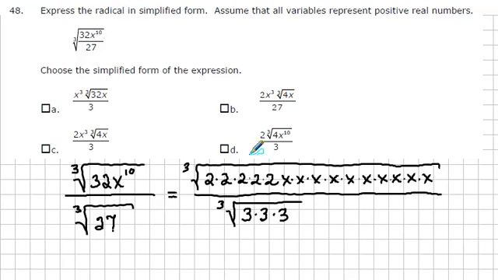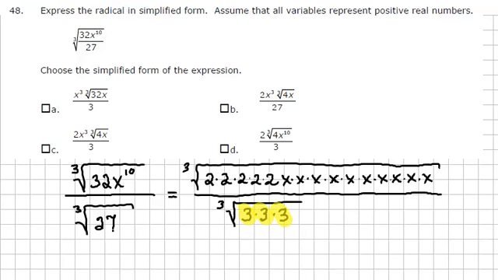So as we're trying to find the cube root of something, we want to look for three factors that are the same. So let's start in the denominator. We see that we have three factors of 3.